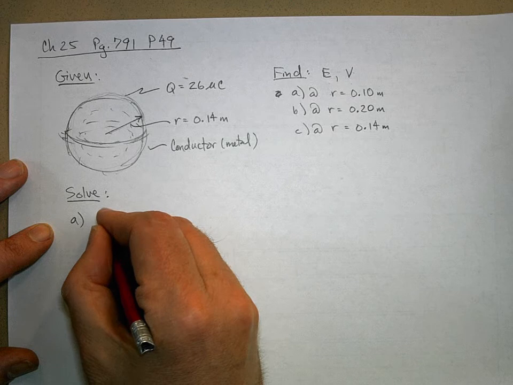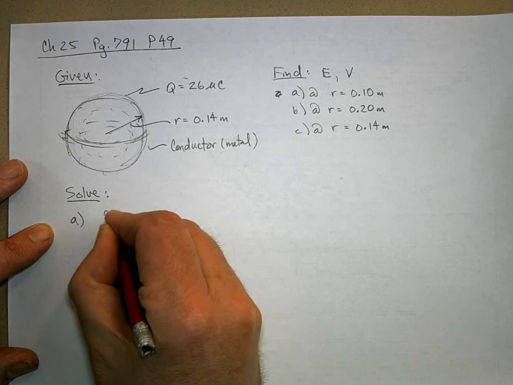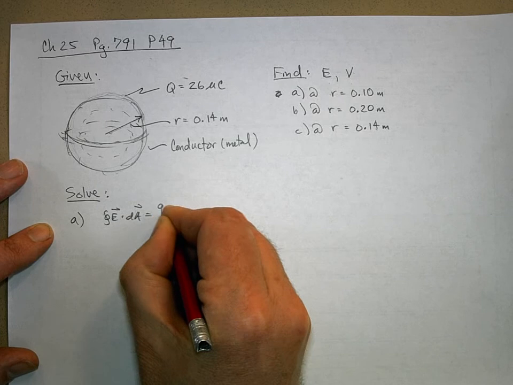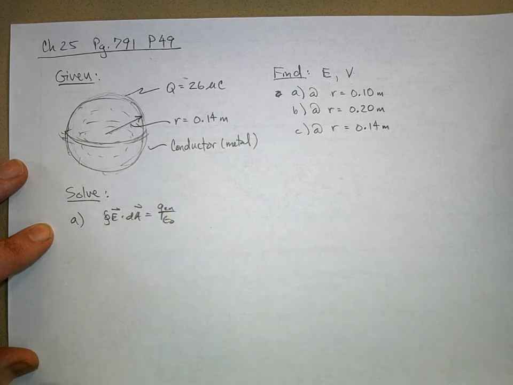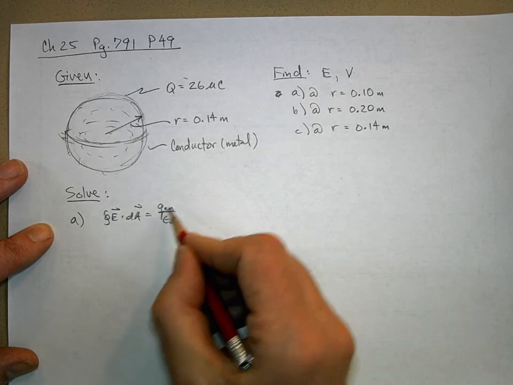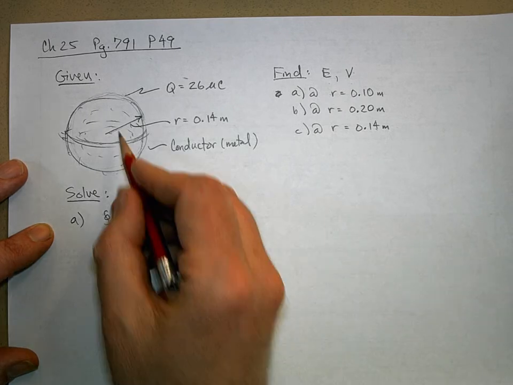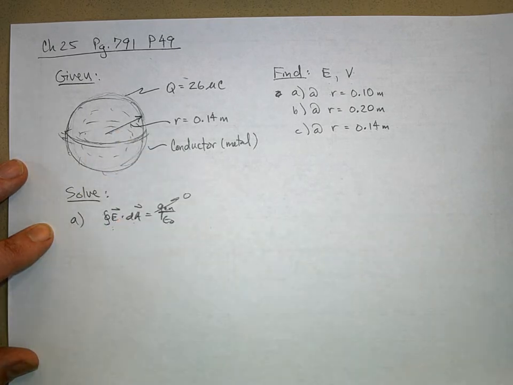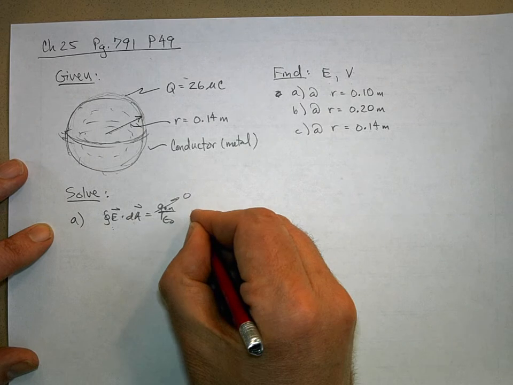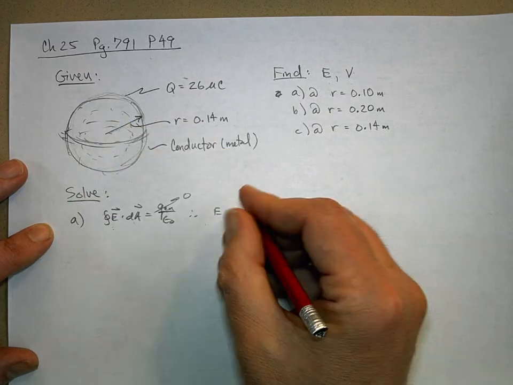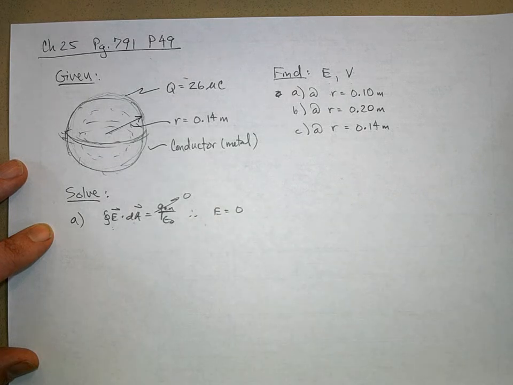So you can say, let's go ahead and say the integral of E dot dA equals Q enclosed over epsilon naught. There is no charge, so this is 0. And since the area isn't 0, the electric field has to be 0. So the electric field at any point in there is equal to 0.